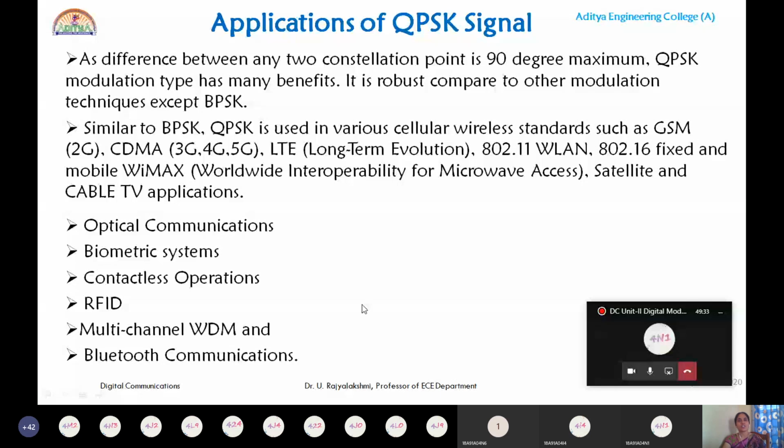Later, researchers tried to group 3 bits, 4 bits, 5 bits, and so on, up to n number of bits. If you group 3 bits, it is called 2 power 3 PSK, that is 8-array PSK. If you group 4 bits, 2 power 4 is 16, so that is called 16-array PSK.